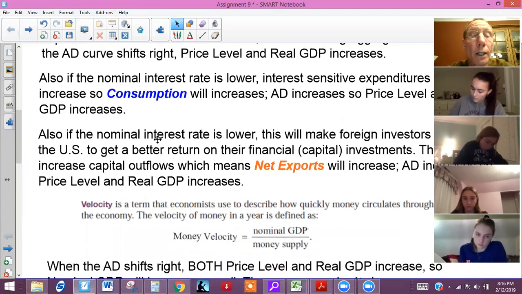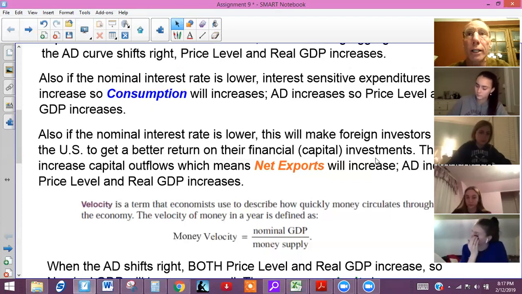Also, if the nominal interest rate is lower, this will make foreign investors not want to invest in America because they're looking for a high return on their investment. So as the interest rates drop, they take their money out of the country. There's a capital outflow, which means net exports go up.